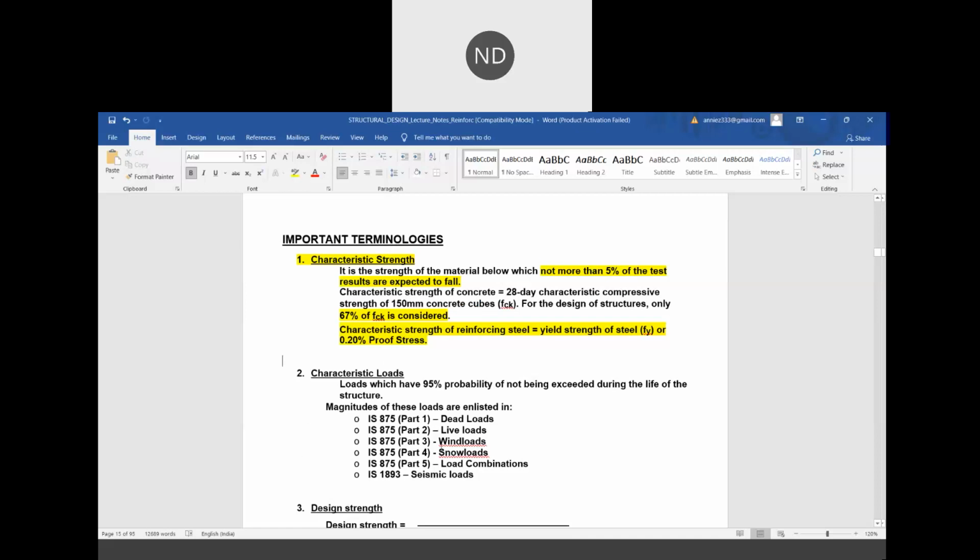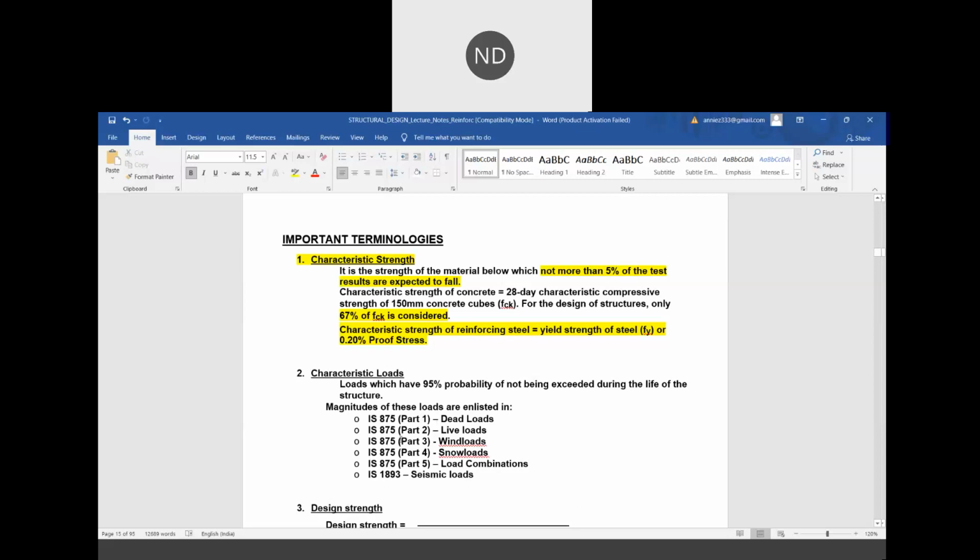Then regarding this characteristic strength, there are some specifications also. There are loads which have 95% probability of not being exceeded during the life of the structure. Magnitudes of these loads are enlisted here, that means dead load, live load.